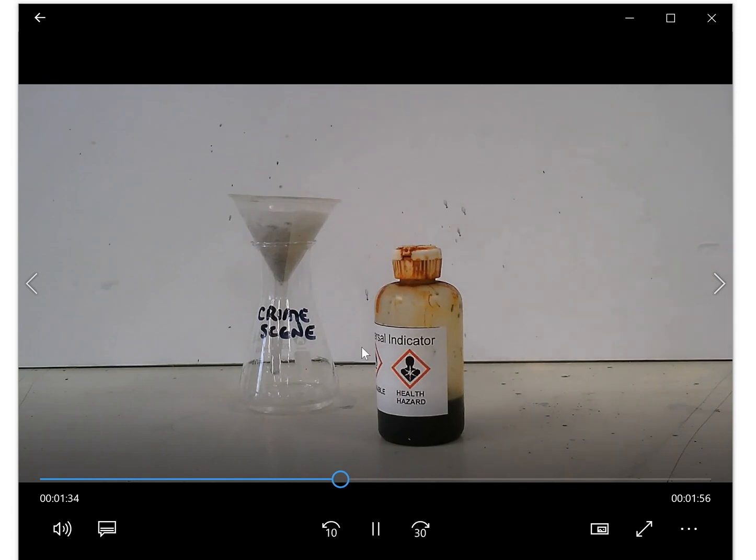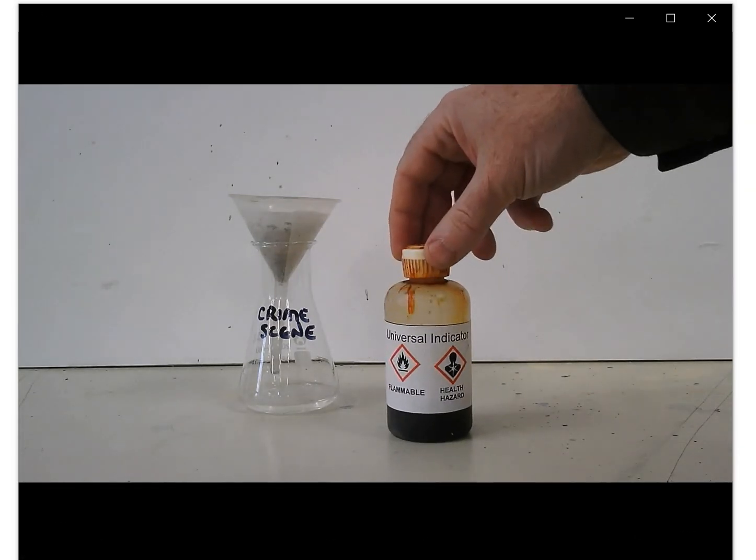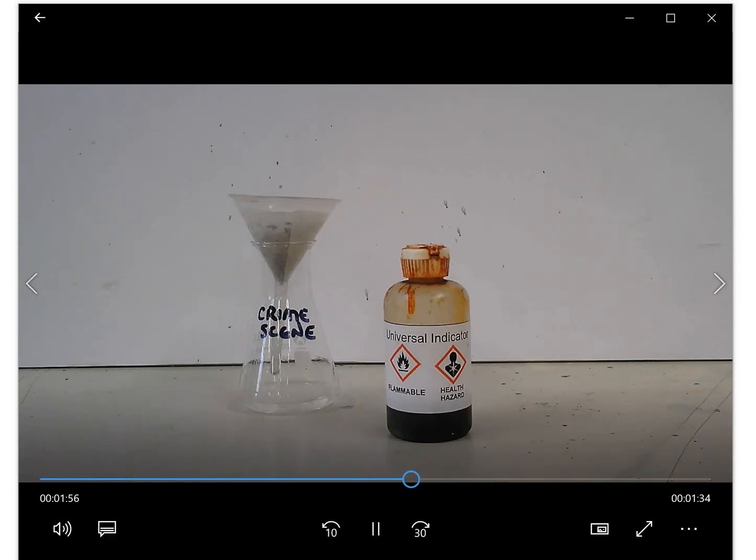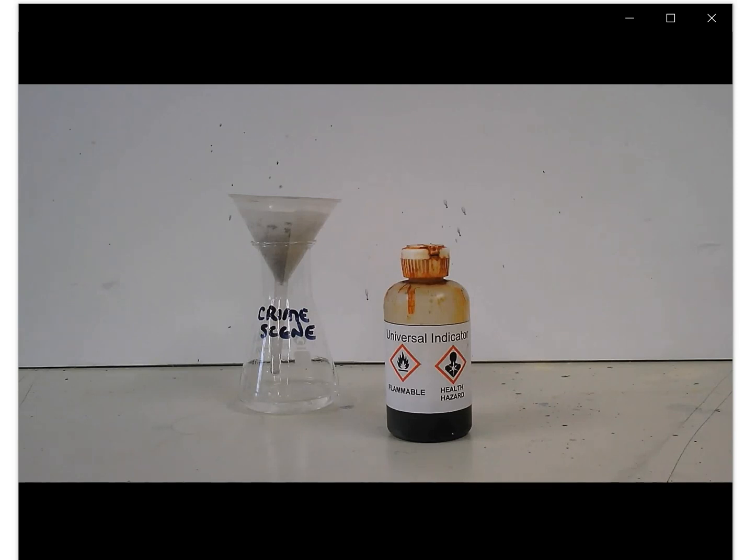We're going to use liquid universal indicator, but you could use the universal indicator paper strips instead, which are a bit less hazardous. Okay, we're nearly finished filtering.